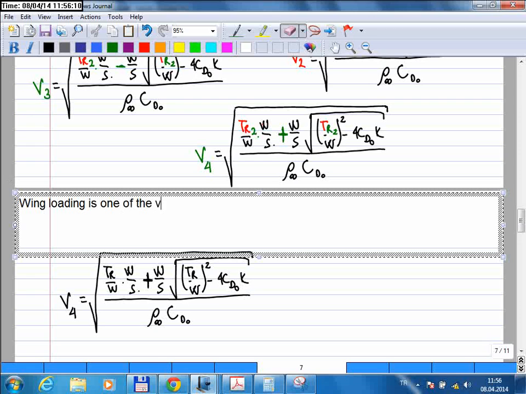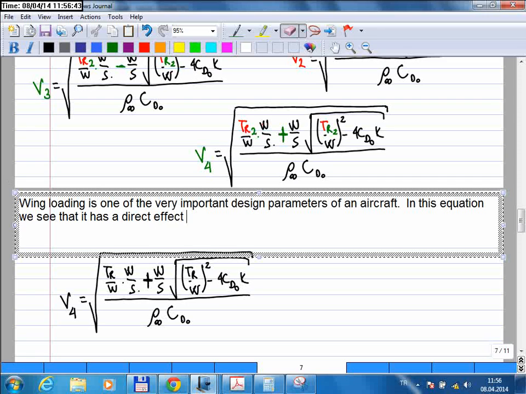Wing loading is one of the very important design parameters of an aircraft. In this equation, we see that it has a direct effect on the solution.